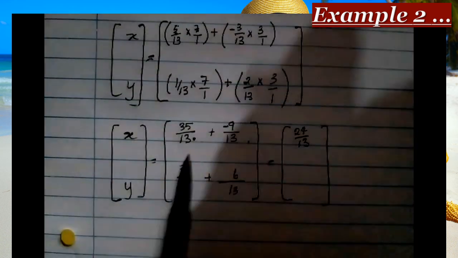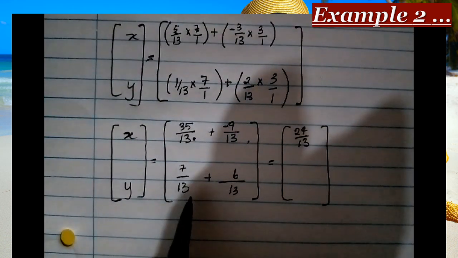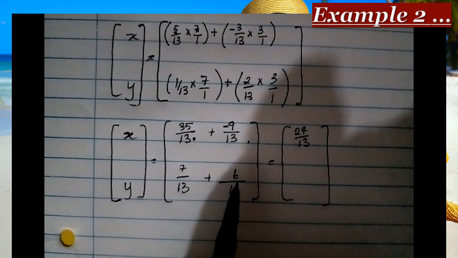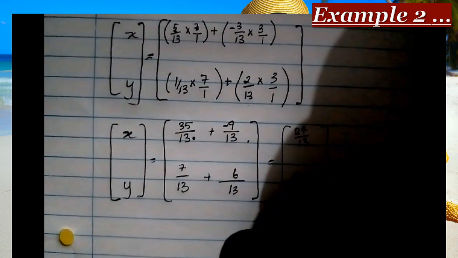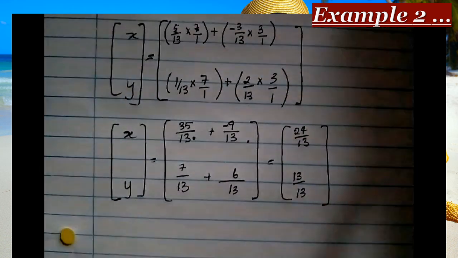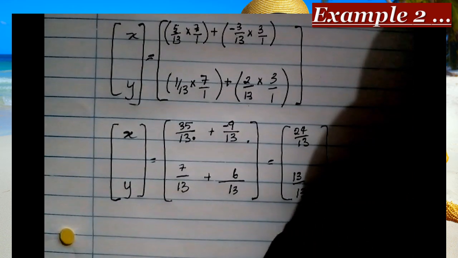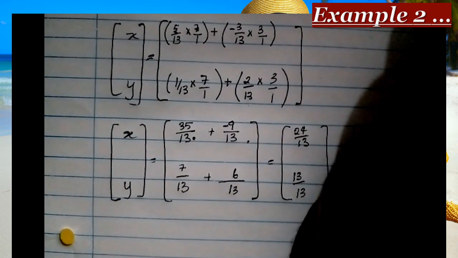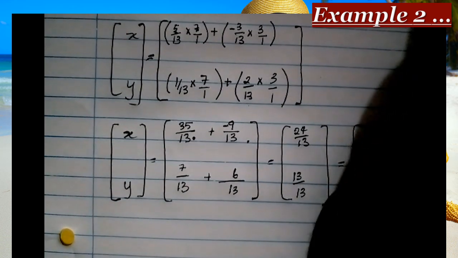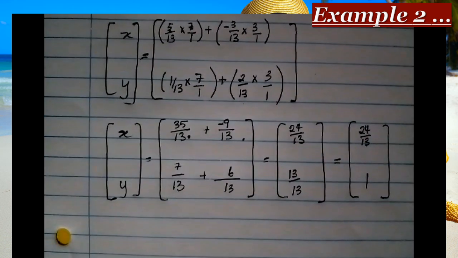And then here, if I have 7/13 and I'm adding to that 6/13, I'm going to end up with 13/13, which is simplified to just 1. So the value of X would be 24/13 and 1. As simple as that.